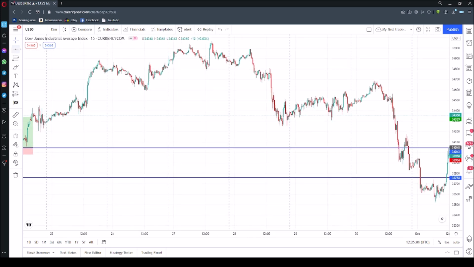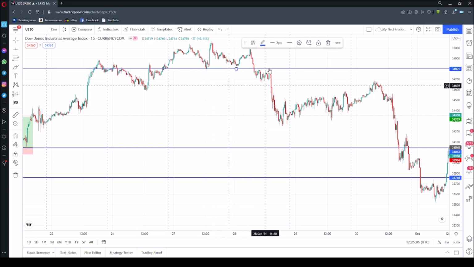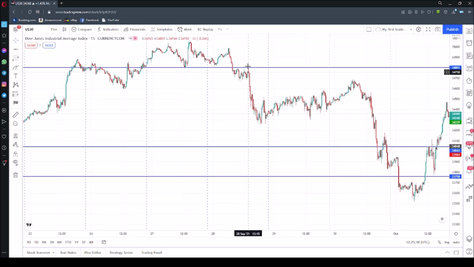So break and retest this one. We are not interested in trading this one. Why? Because we need to find a perceived point of entry in line with the new market context. So the market context has been created.